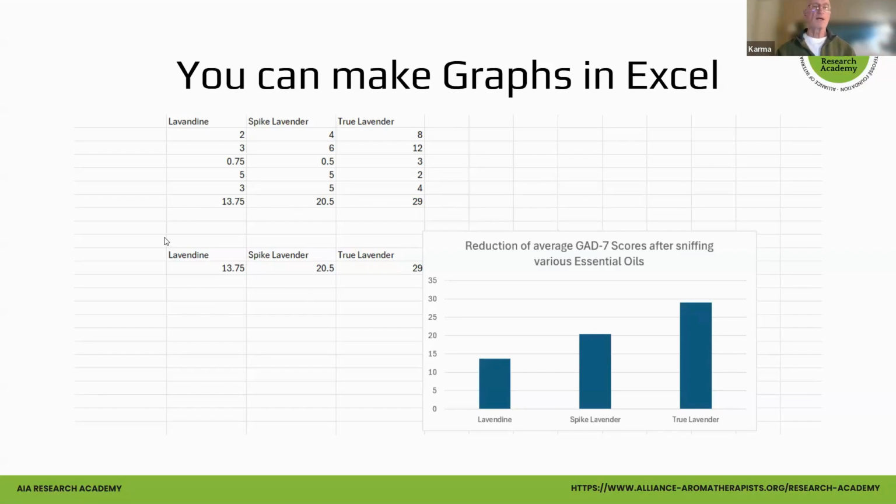Then I highlighted this by doing this kind of motion till it was all highlighted. And then you go to insert, and there's a graphics panel, and I just hit bar graphs, and it made this graph. It takes about 15 seconds. Very easy to make simple graphs.